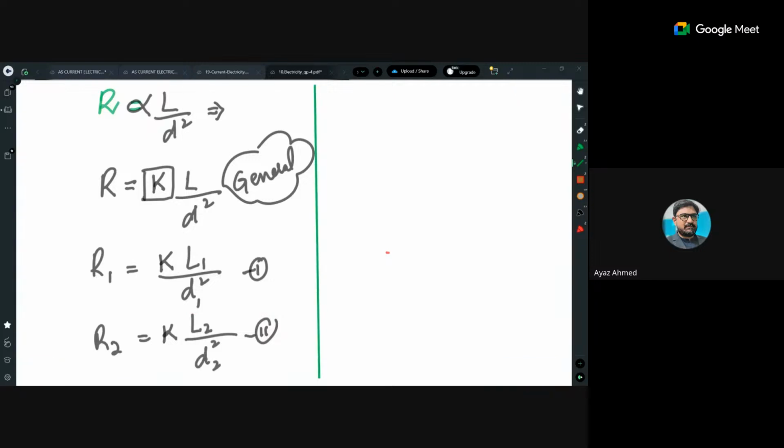अब आप देखो, I will divide these two equations. When I divide these two equations, I get R1 divided by R2 is equal to K L1 divided by D1 square, whole divided by K L2 divided by D2 square.